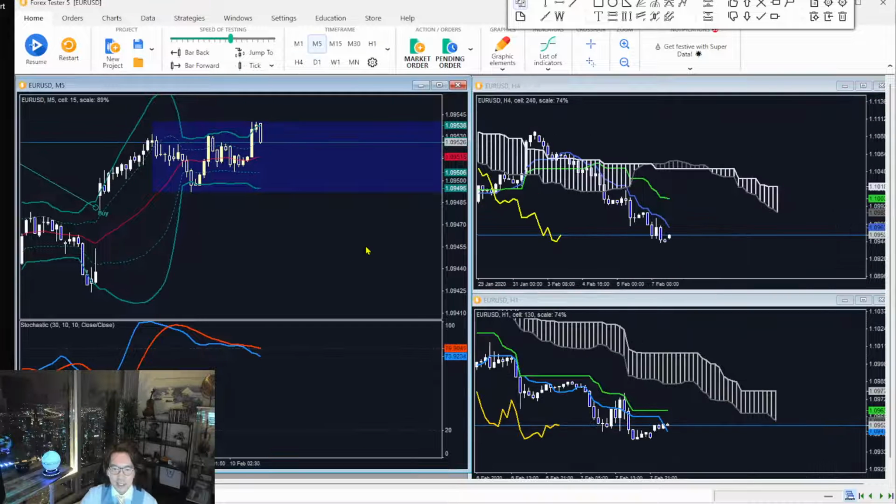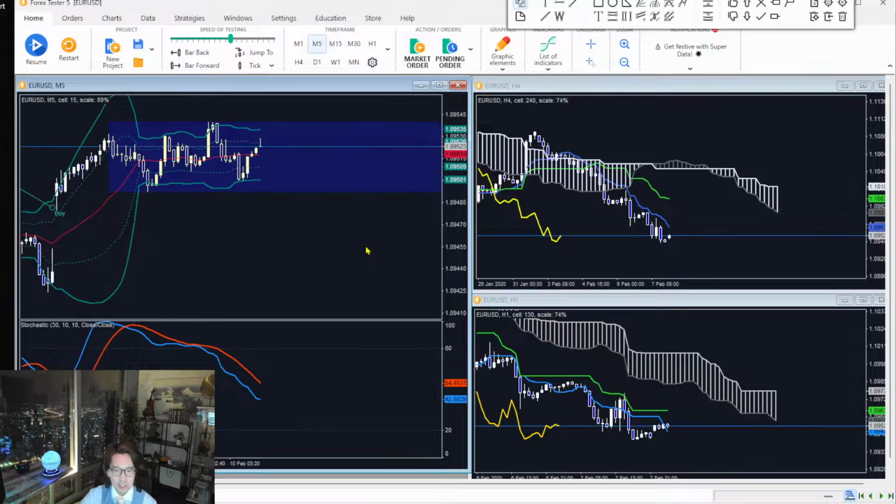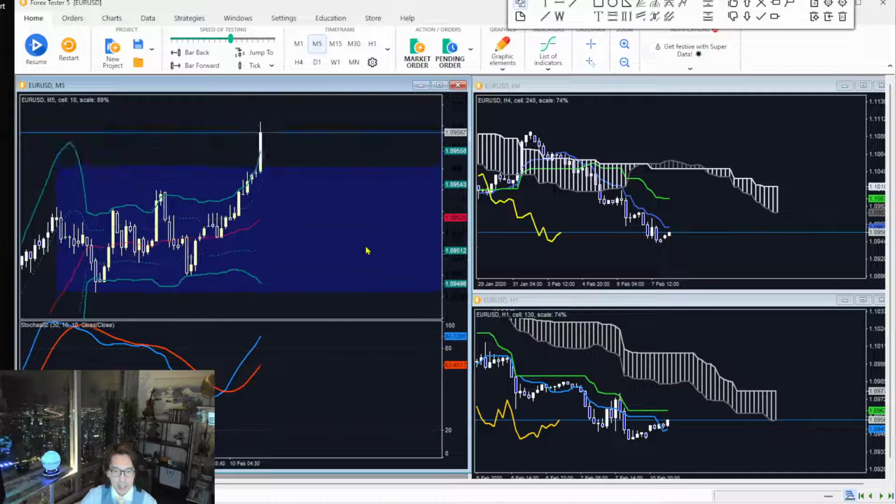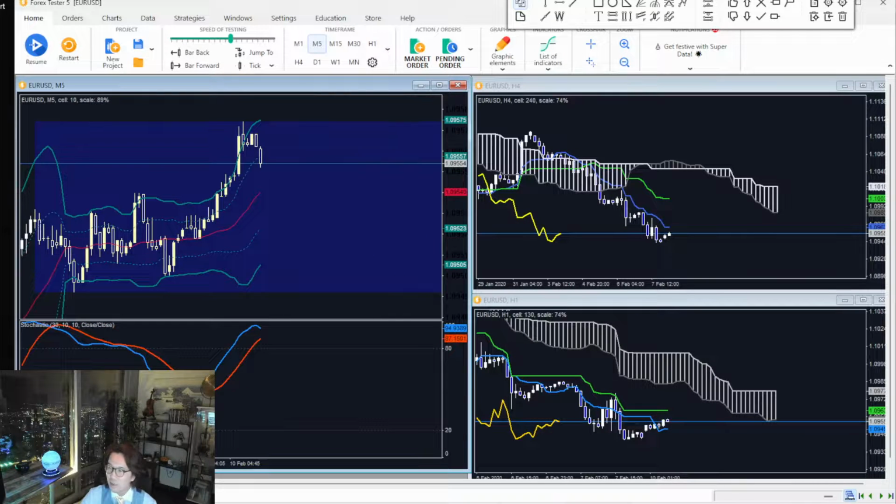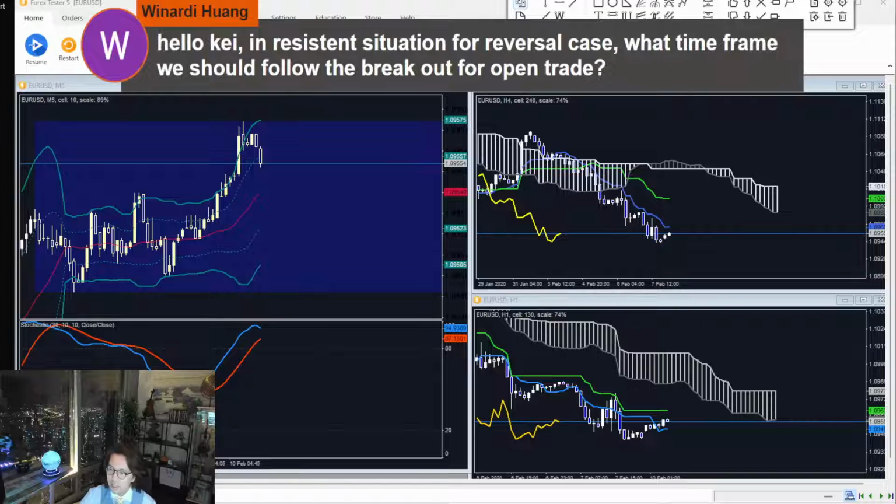So let's see. I will continue to run the chart, and I see one comment here from Winnerdy, who says, hello Kay, in a resistance situation for a reversal case, what time frame should we follow the breakout to open the trade?